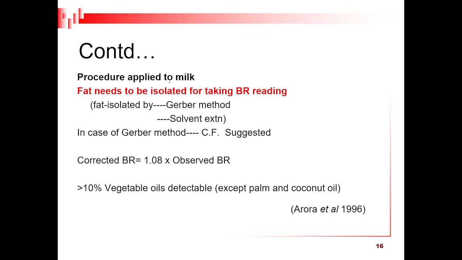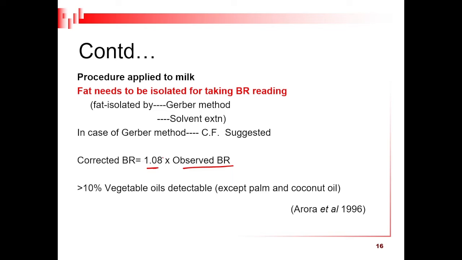Now the fat isolated from milk by the Gerber method is checked for the BR reading, and as I told you, the value obtained has to be multiplied by 1.08. This factor is applied because hydrolysis of the fat occurs due to the concentrated H2SO4.